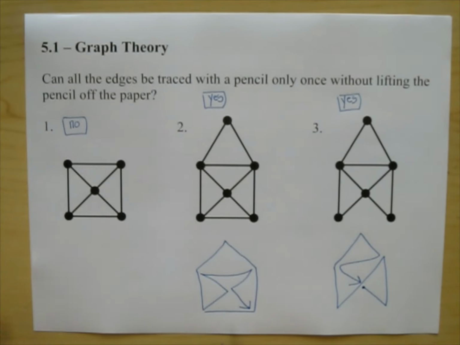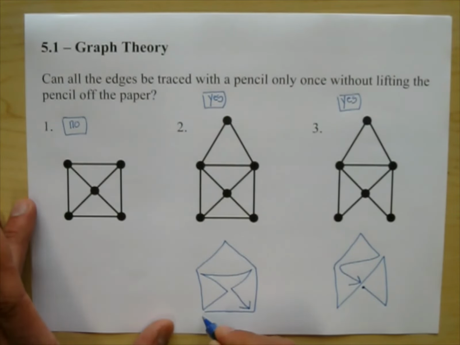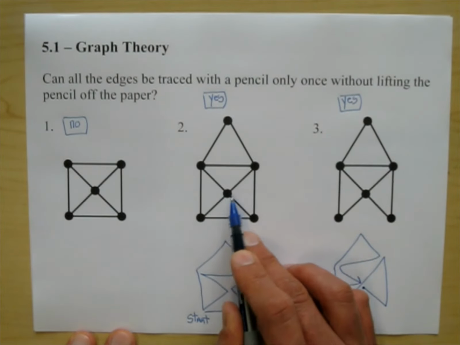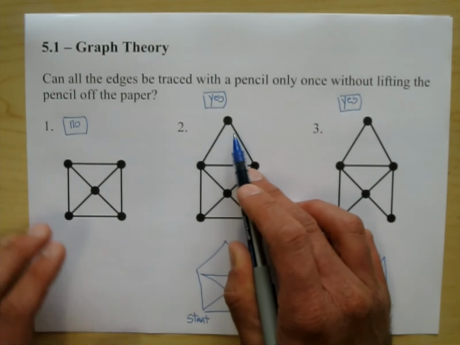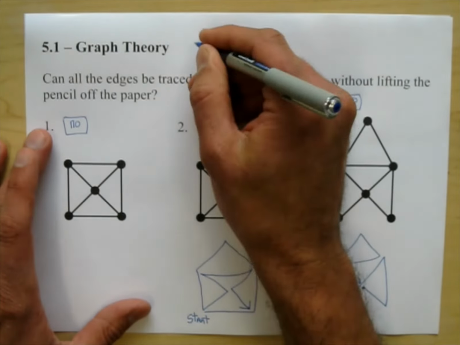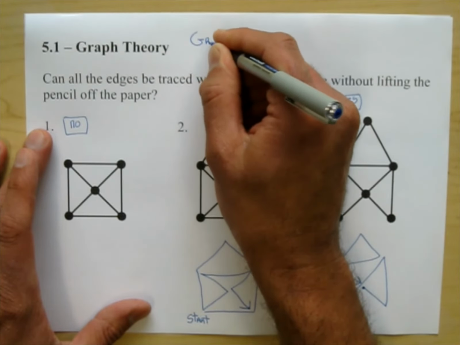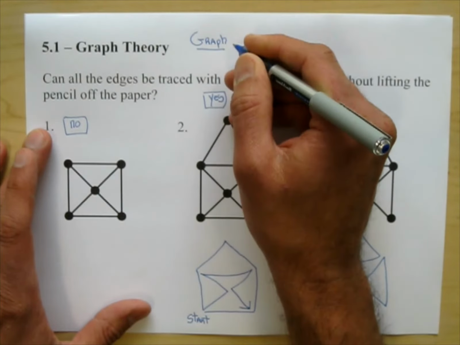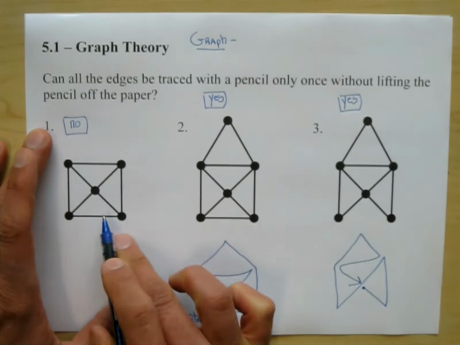So let's go to the middle problem, and let's make this clarification that I started at this point here. Okay, so now we want to have a name for those points. Let's get into graph theory. So a graph, that's what these three things are.